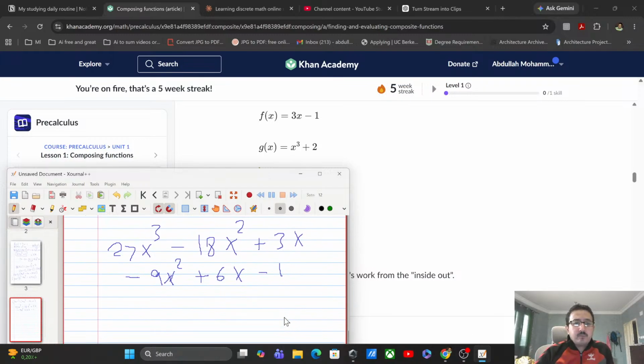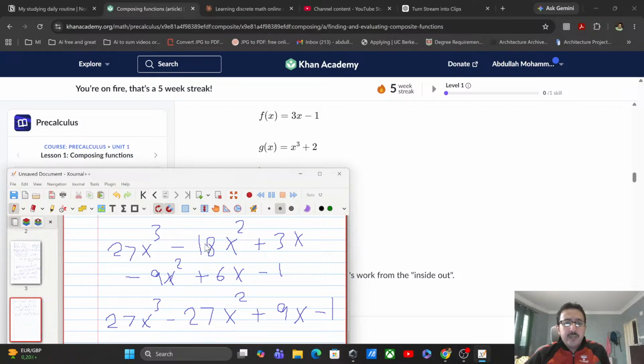So what I got is 27x cubed, there's no other one. I get the minus 18 squared and the minus 9 squared, so minus 18 minus 9, that's minus 27, minus 27x squared, and I got 3x and 9, that's 9x, and I got minus 1.